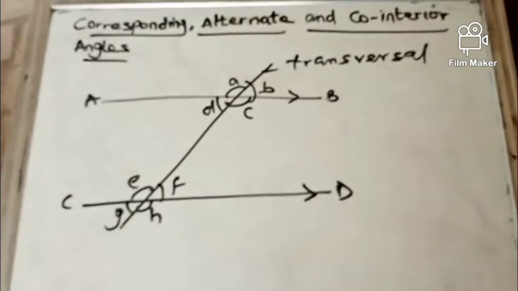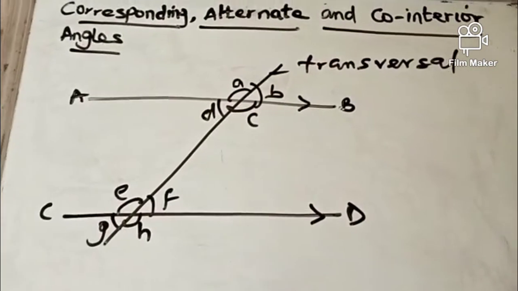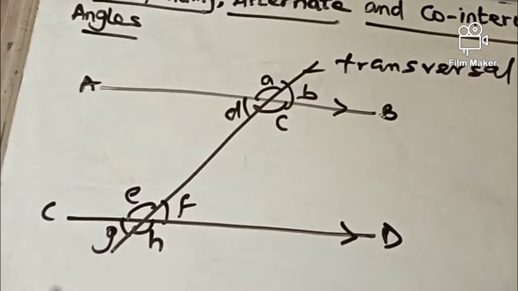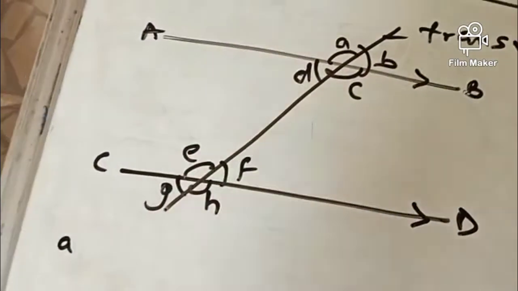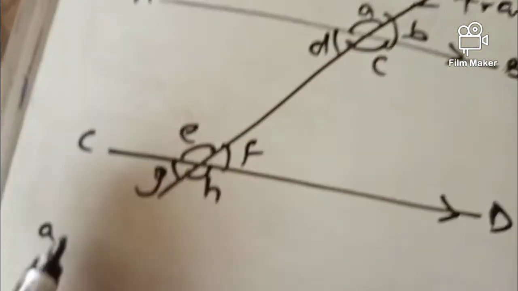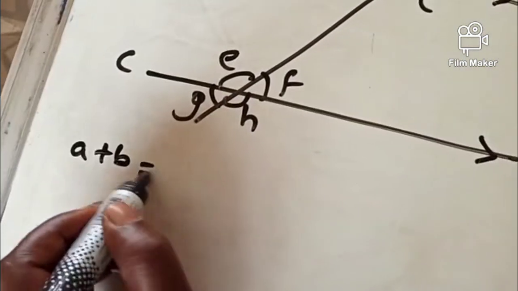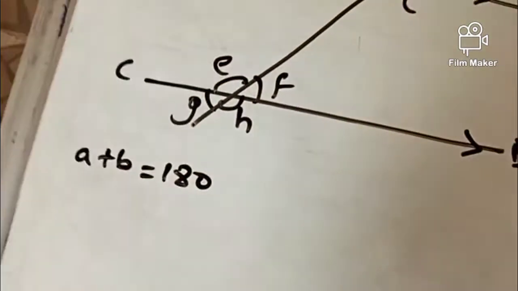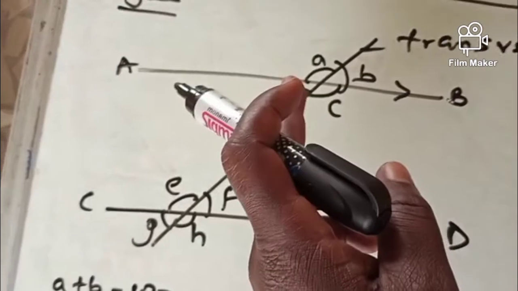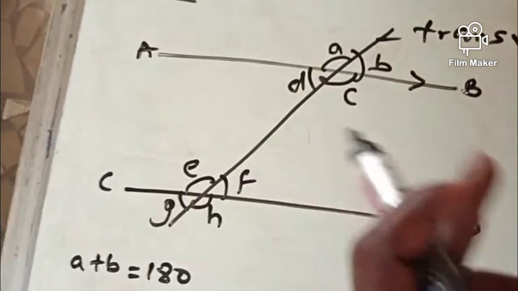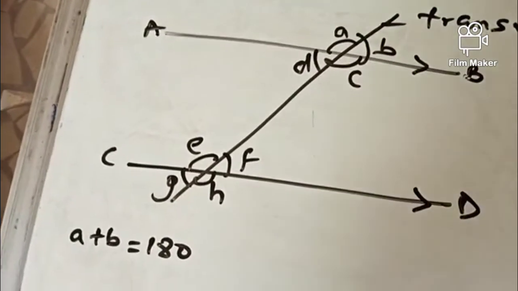Now, if you look at this figure, you discover that on AB, A and B are on a straight line. That means their sum is equal to 180 degrees. So if I'm given the value of A, for example, to be 70 degrees, and they ask me to find the value of B, I can use sum of angles on a straight line.